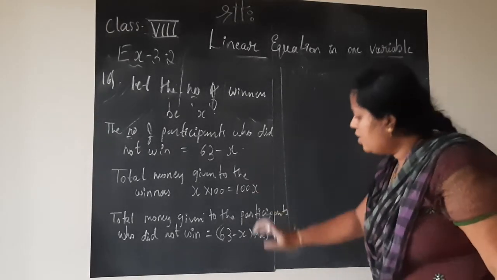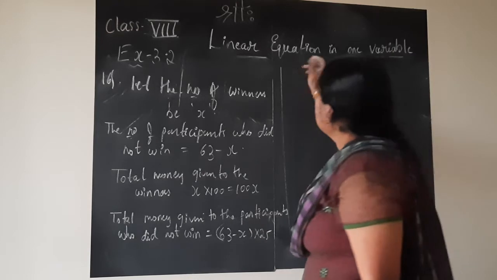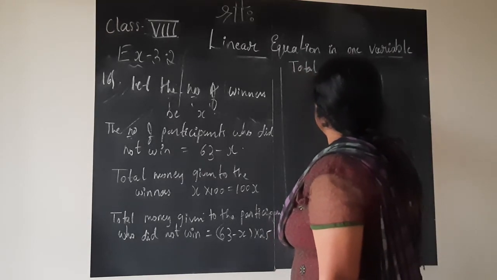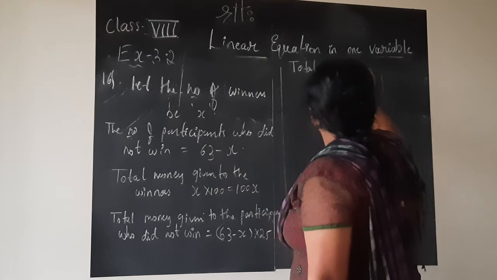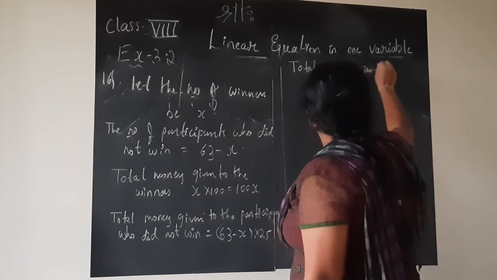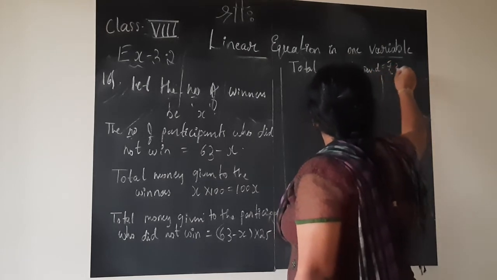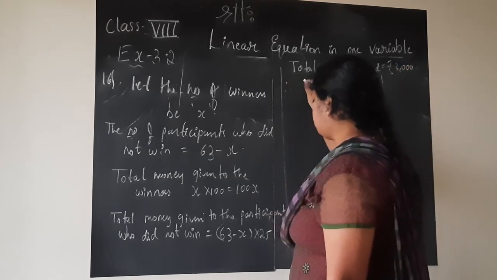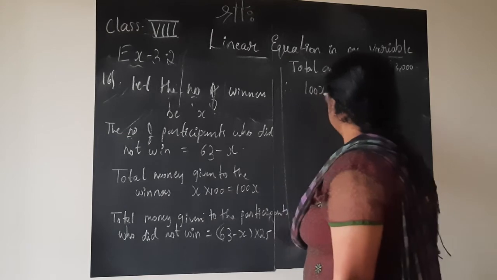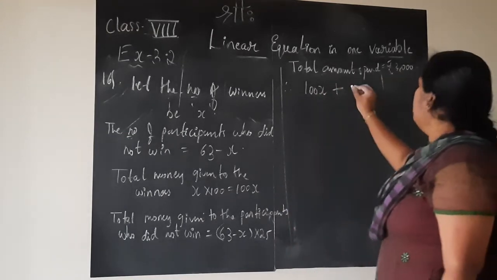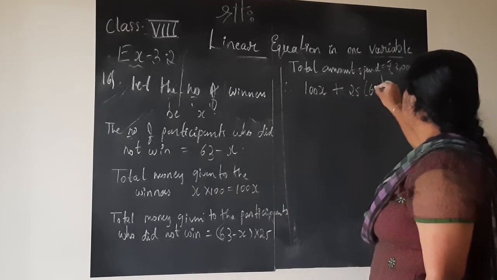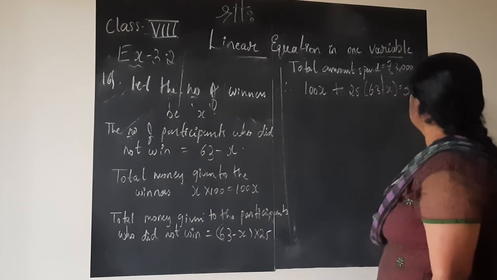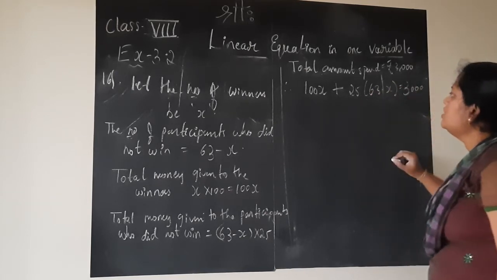So when you add these two, children, you get the total amount. Total amount spent is rupees 3000. Therefore 100x, which is what the winners got, plus 25 into 63 minus x, which is the 25 rupees given to the participants, is equal to 3000.